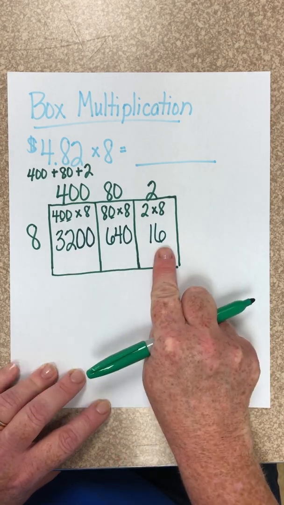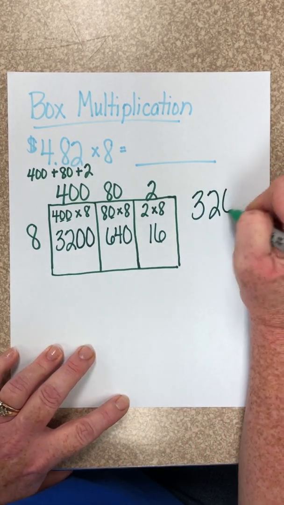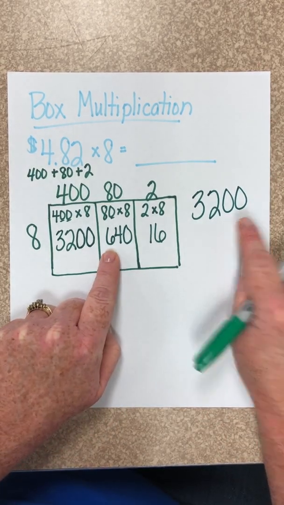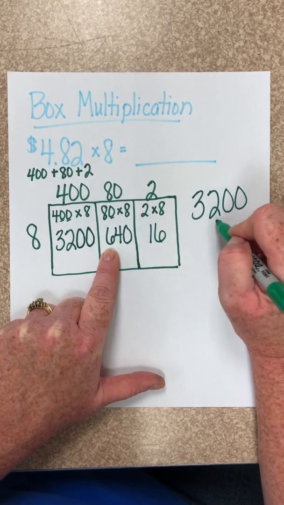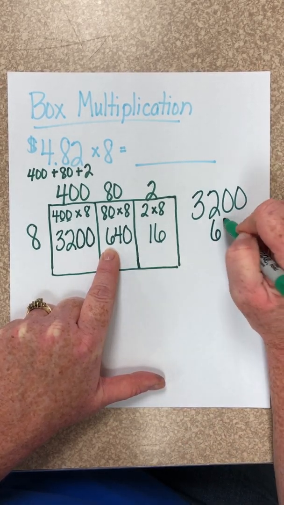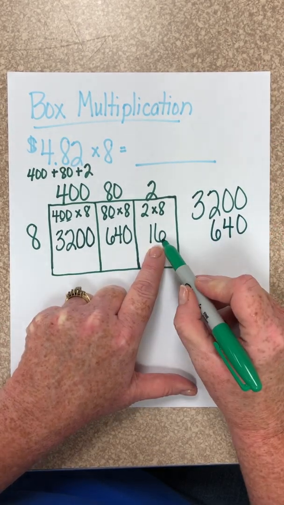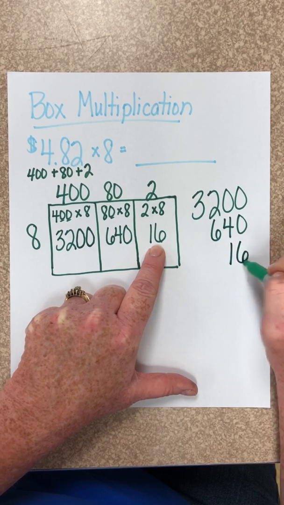Now let's add these 3 together. When I add, make sure that you align on the right column. So 640 will go below the 200, and 16 is going to go below the 40.